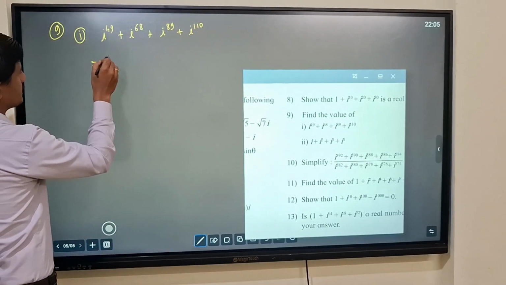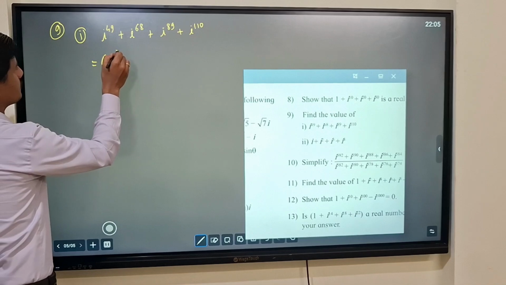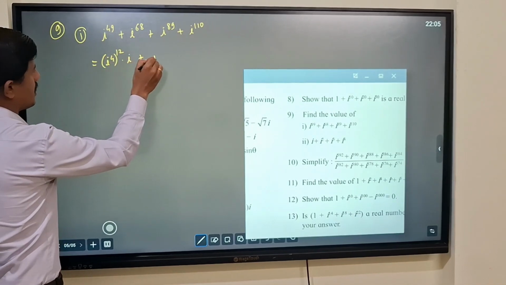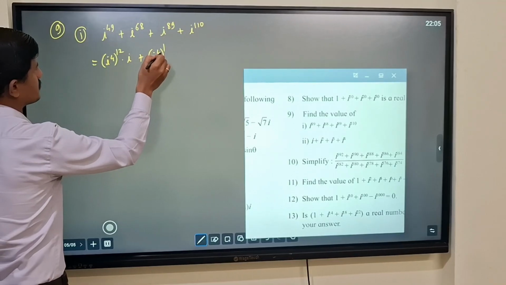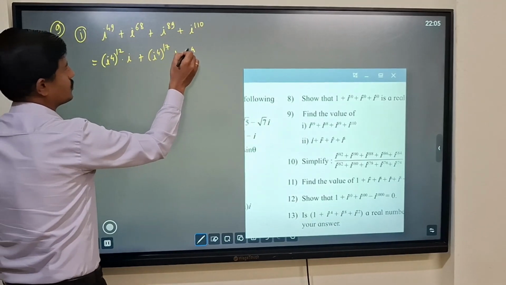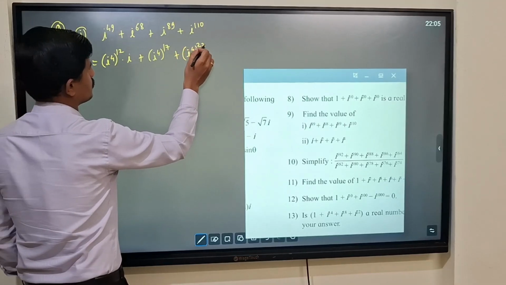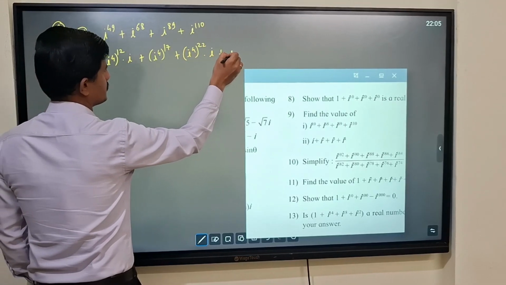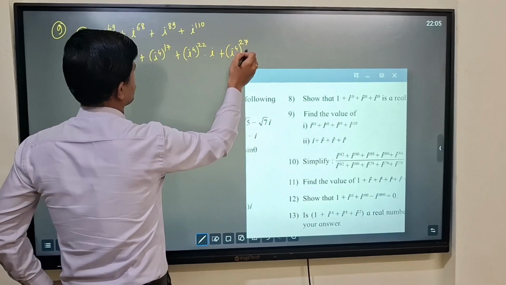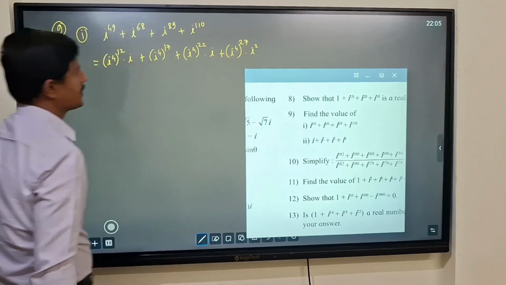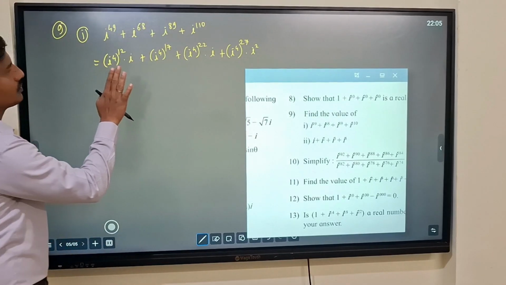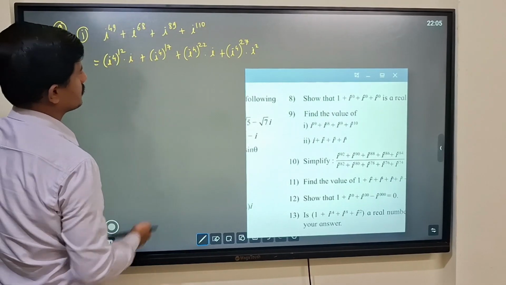So this becomes i raised to 4 raised to 12 into i, plus i raised to 4 raised to 17, plus i raised to 4 raised to 22 into i, plus i raised to 4 raised to 27 into i square. 4 twos are 8, 4 sevens are 28.